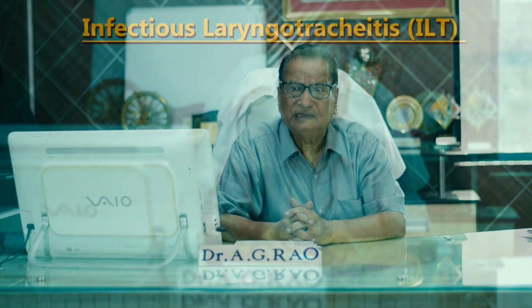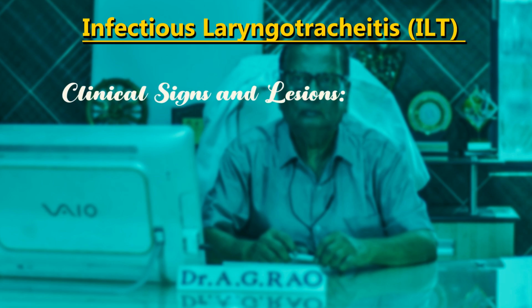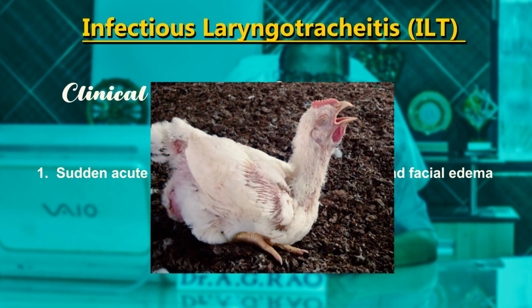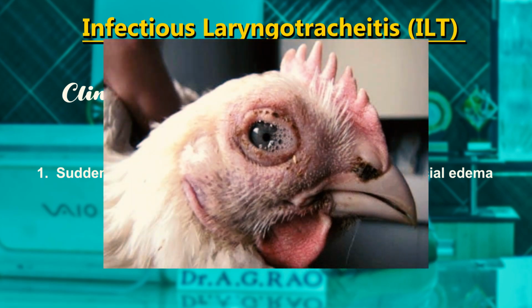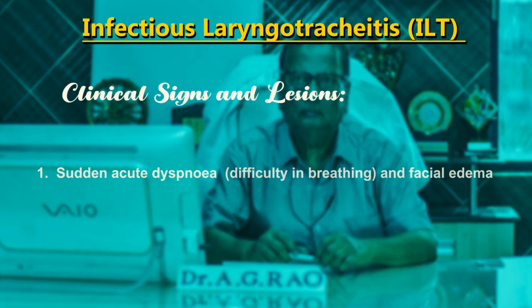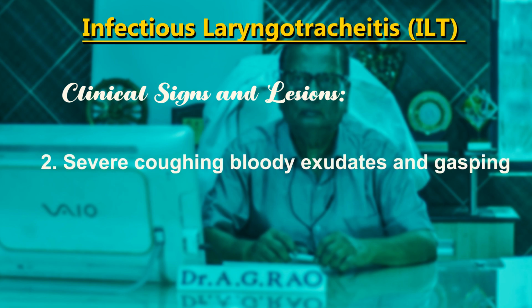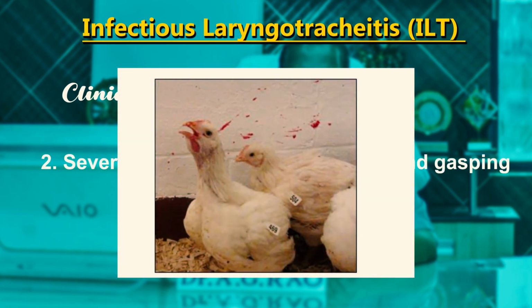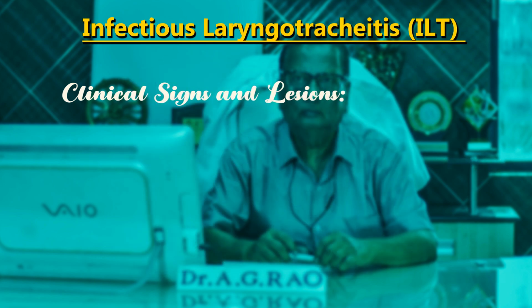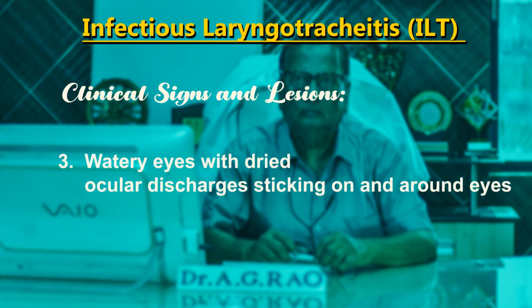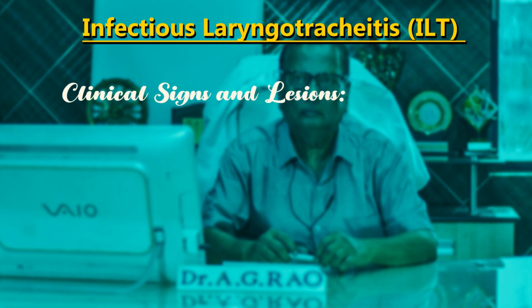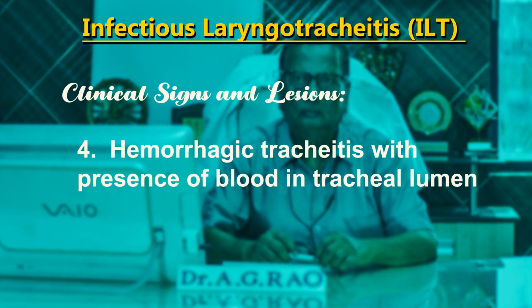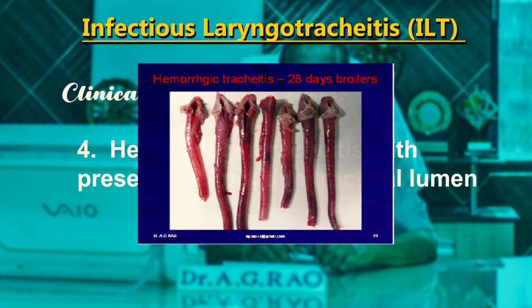As regards the clinical signs and postmortem lesions, first the disease is very sudden, and there will be acute dyspnea, that means difficulty in breathing, and facial edema, severe coughing of bloody exudates and gasping, watery eyes with dried ocular discharges sticking around the eye, hemorrhagic tracheitis with blood in the tracheal lumen.